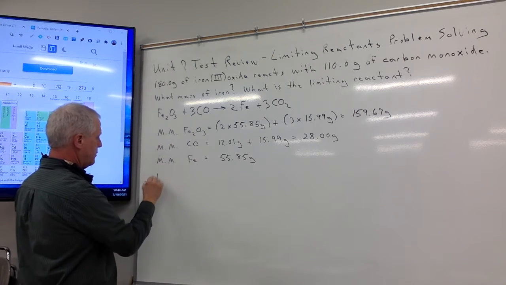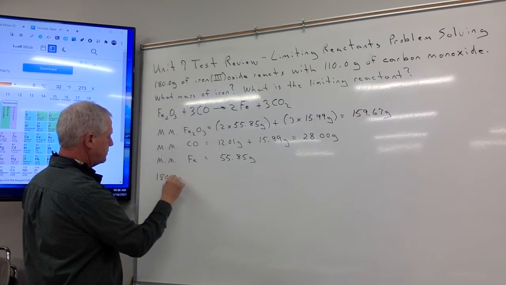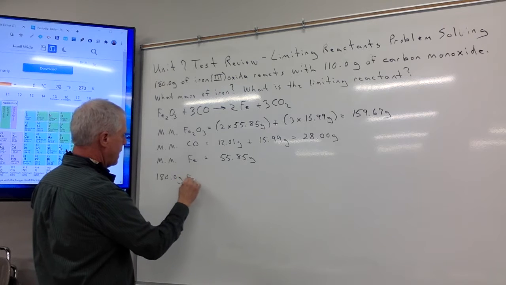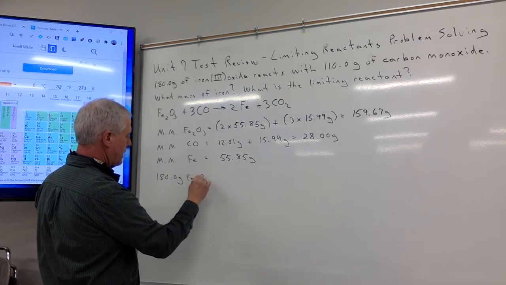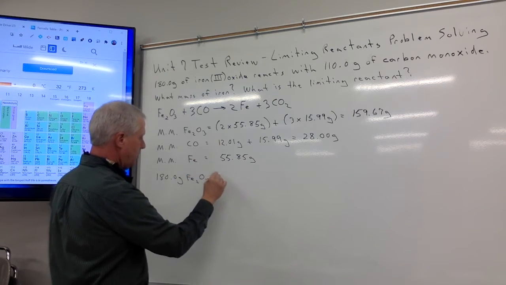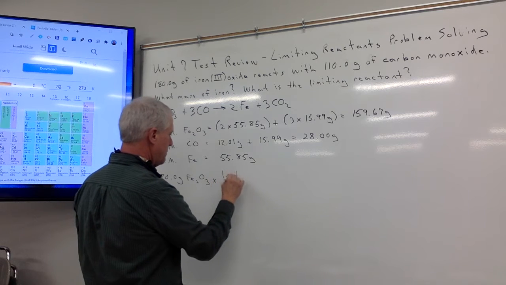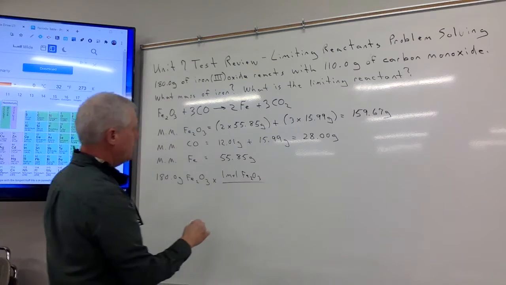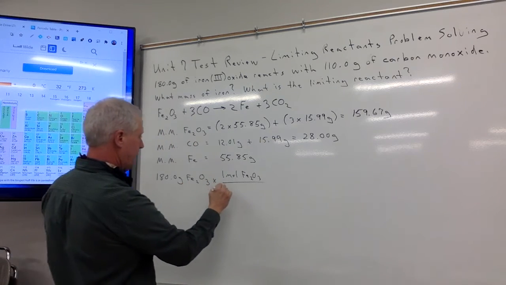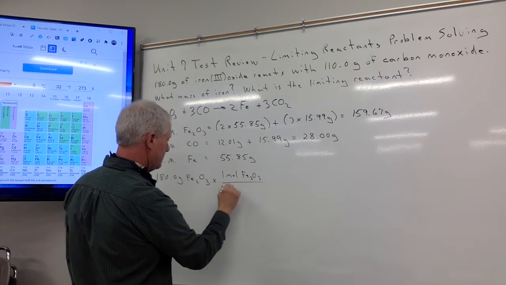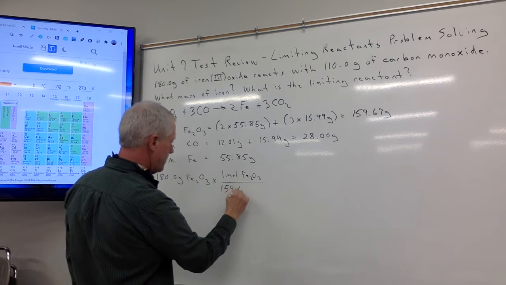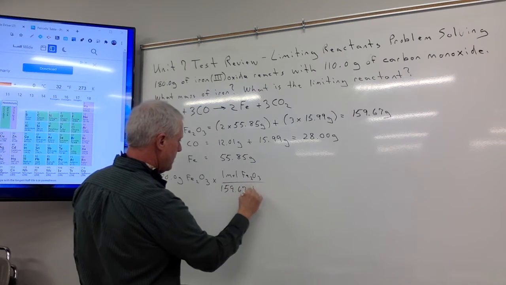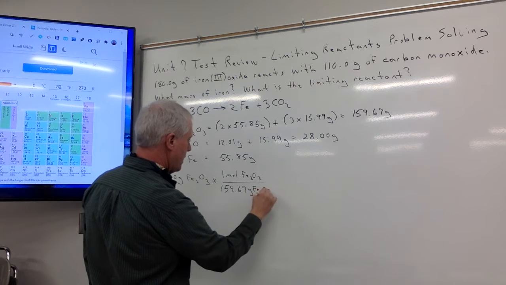So we start with 180 grams of the iron 3 oxide, and we're going to do our mole ratio. The molar mass is 159.67 grams of the iron oxide.